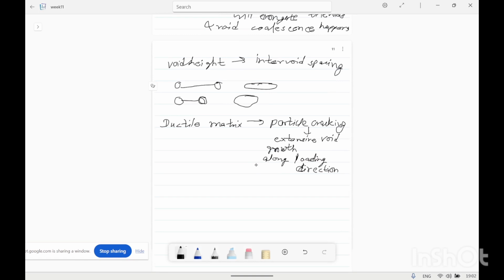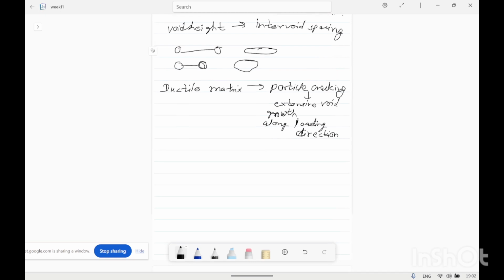But there will be no lateral growth of the voids. Only the voids will grow along the loading direction in the ductile matrix, and no lateral growth.